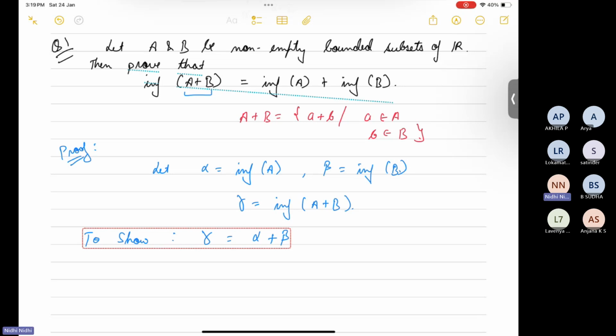So any idea? Can you tell me how do we prove that two real numbers are equal? Alpha plus beta is a real number, gamma is a real number. How do we prove that two real numbers are equal? What is the basic idea?